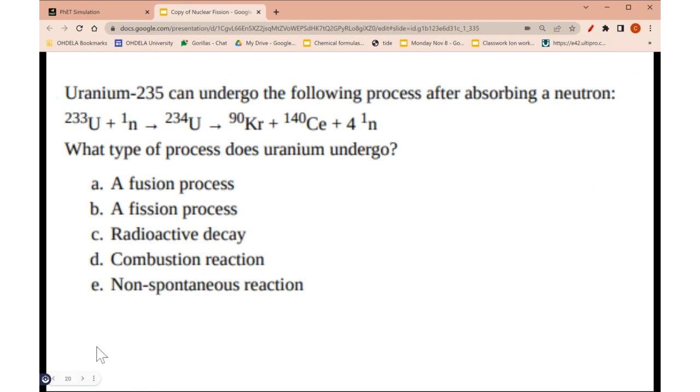All right, so uranium can undergo the process of absorbing a neutron. 233 plus a neutron gives me 234. It breaks into the daughter particles, krypton and cesium, plus 4 neutrons. That is a fission reaction.